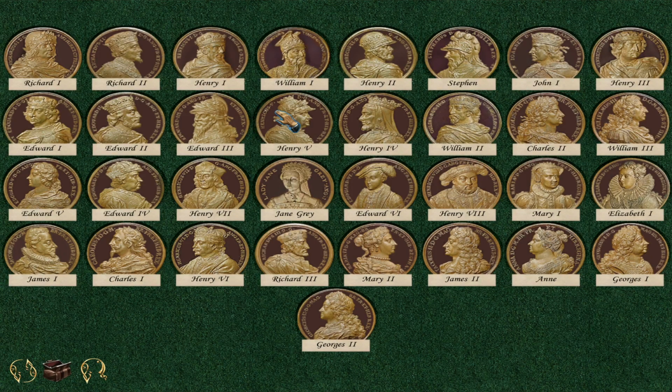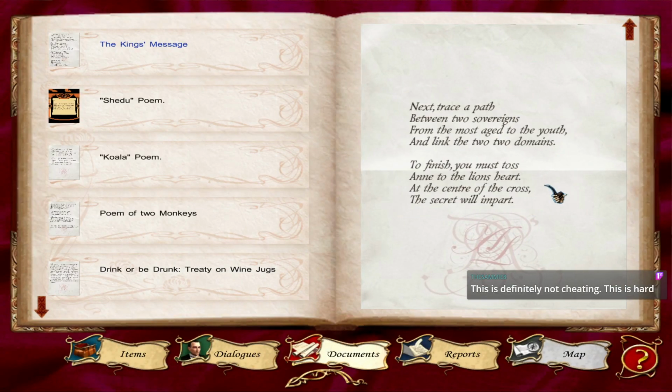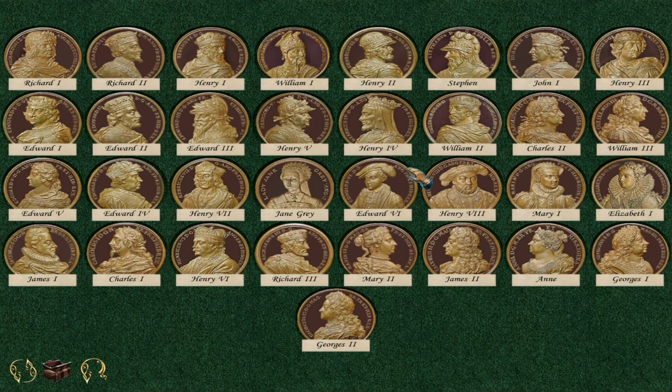So would it be, going by the clue, "between two sovereigns from the most aged to the youth"? So the youngest at this point, based on... Yeah, but not all these people have been... So Elizabeth the First would probably be the youngest here?